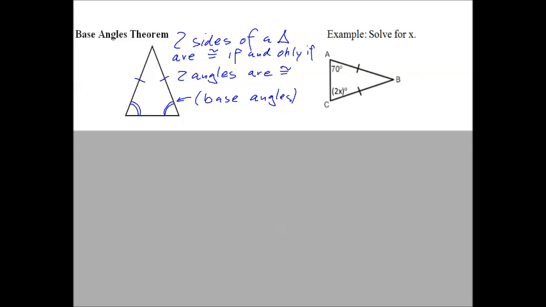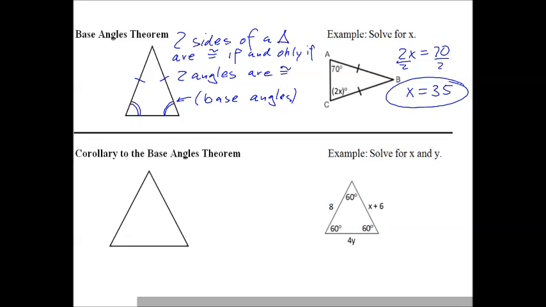In other words, we're saying that 2x has to be equal to 70. Well, if 2x is equal to 70, dividing by 2 on both sides, x is equal to 35. And that's that.